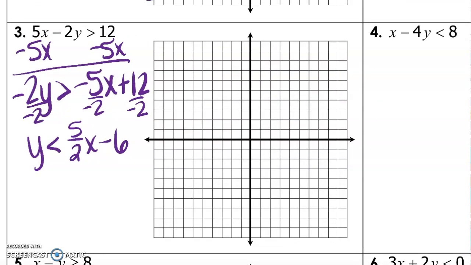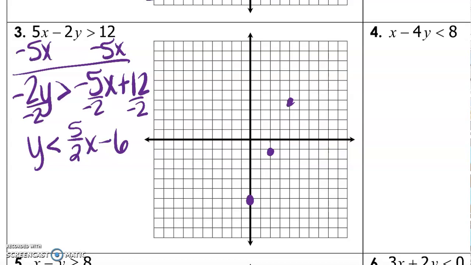So I start down 6, and then up 5, right 2, up 5, and right 2. Oops, I only went up 4. There we go.